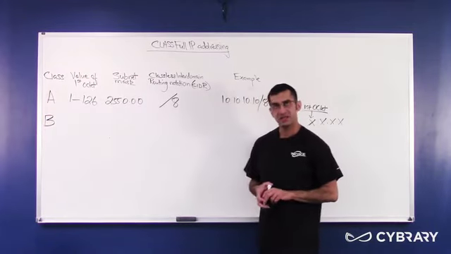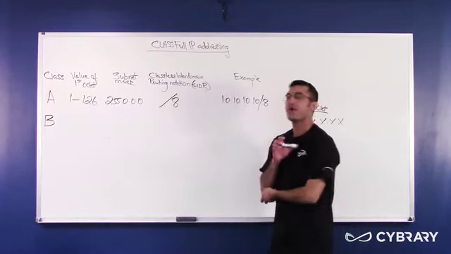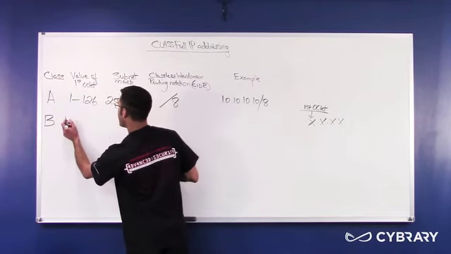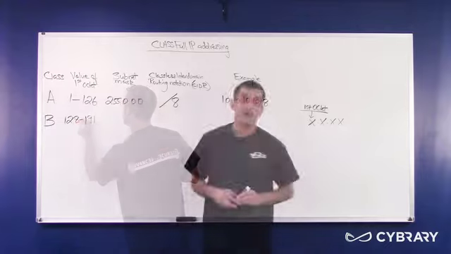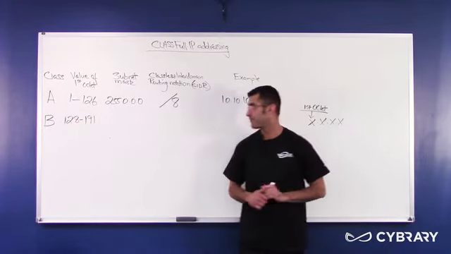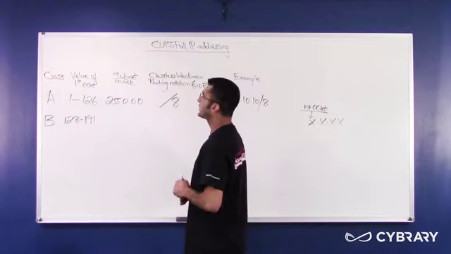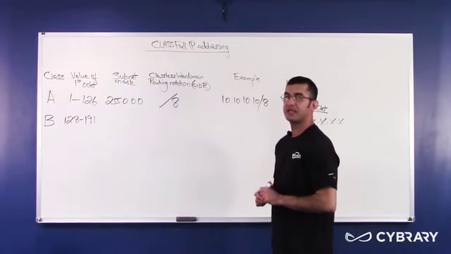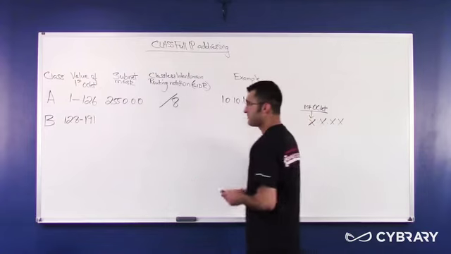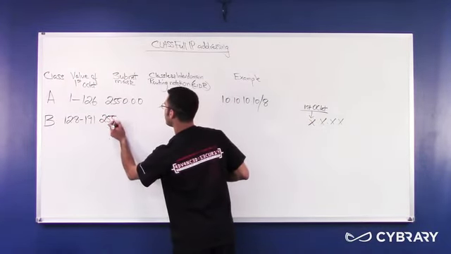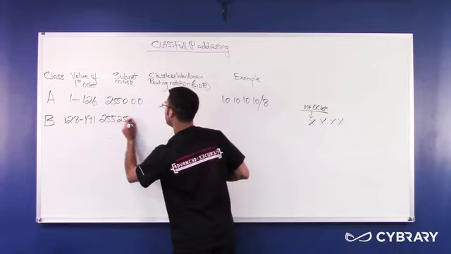The next class we have is Class B. For Class B, the value of the first octet must be a number between 128 and 191. I haven't forgotten the number 127. I'll get to it in a minute. The subnet mask is 255.255.0.0.